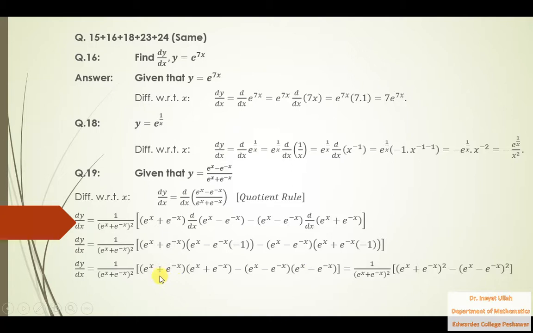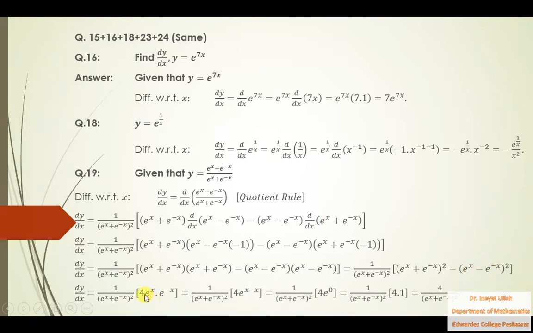We see that these two are the same, so we can write these two as this whole square, and the same thing, these two are the same, so this equals this whole square. We know that a plus b whole square is the answer of this question, but we can simplify this difference. We know that a plus b whole square minus a minus b whole square is 4ab.